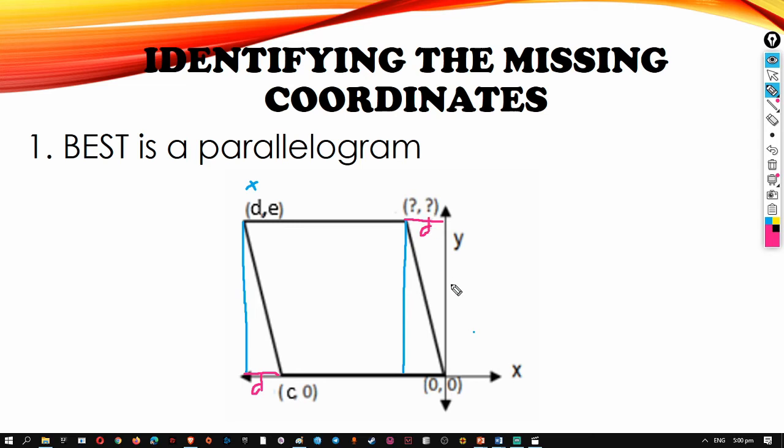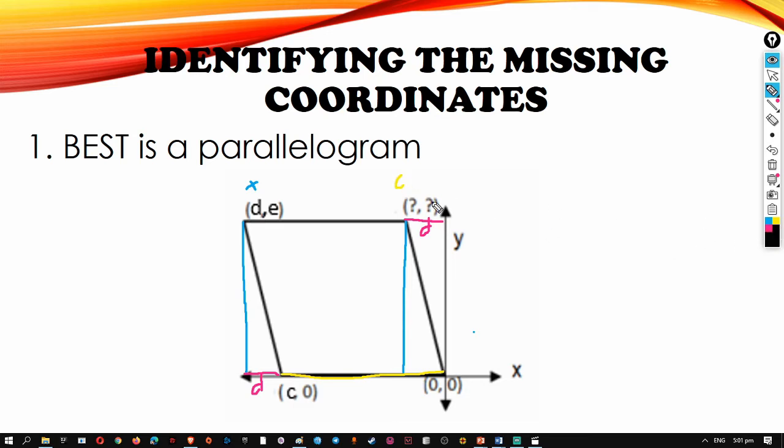Okay. From here, mula dito, so I'll use another kulay. Okay, so that is C. So, therefore, this one will be C. Ay, pangit.